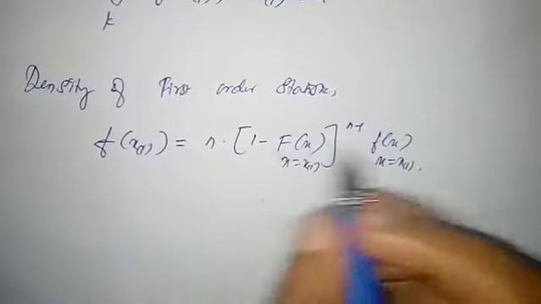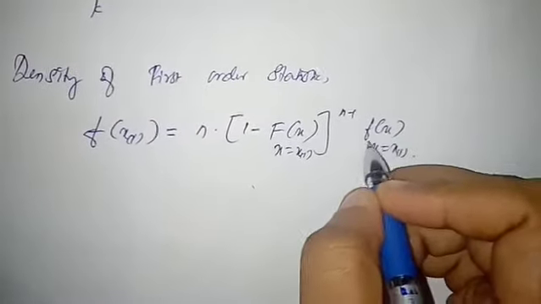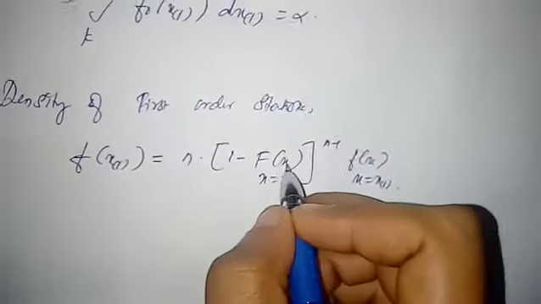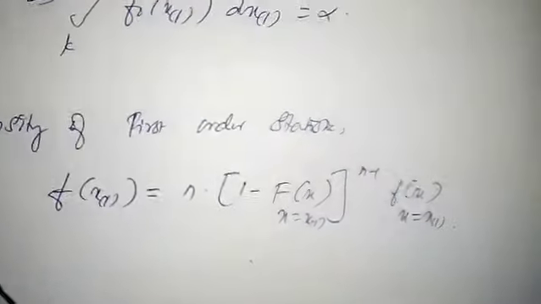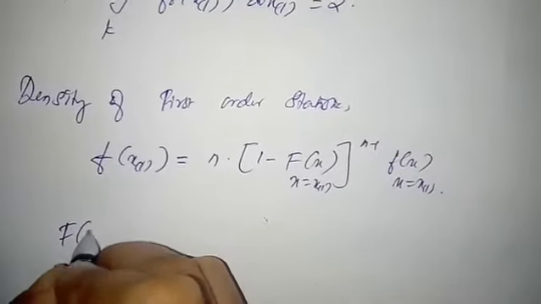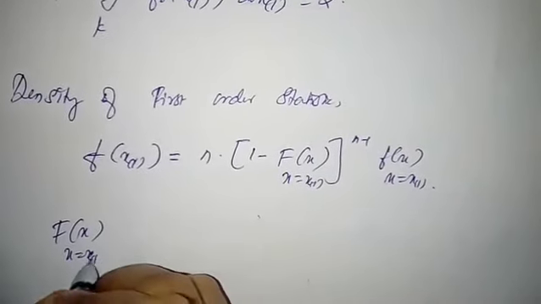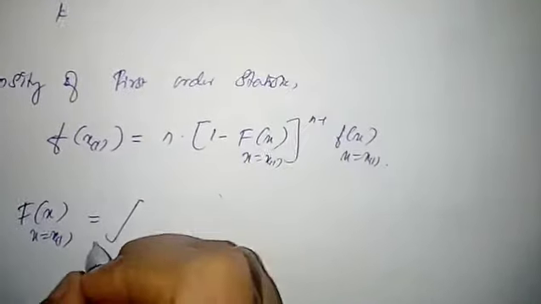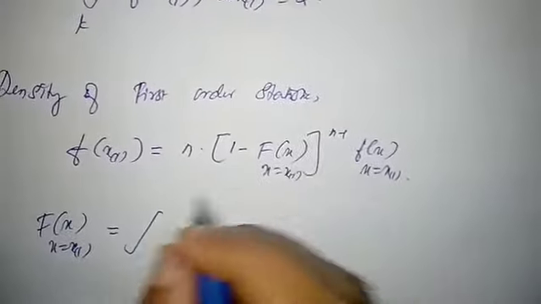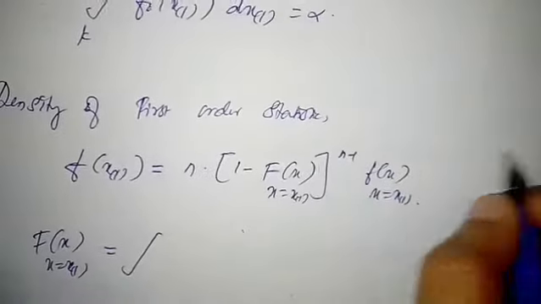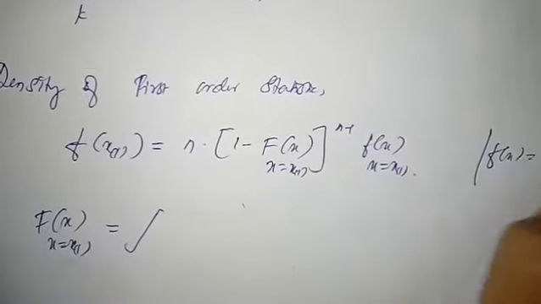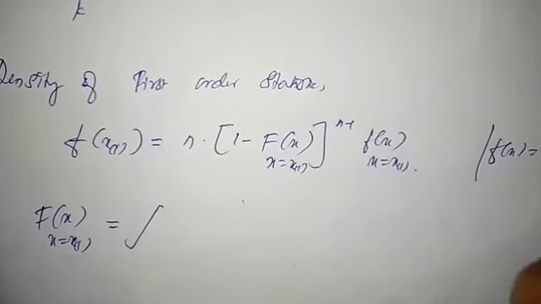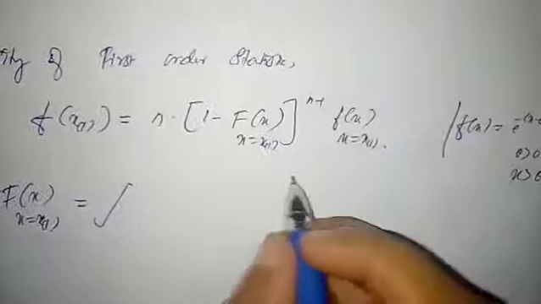So here we know what f of x is, right? Here we want to find out what the capital F of x is, that is F of x where x equal to x1. Here f of x is e power minus x minus theta, where theta is greater than 0 and x is greater than theta, right?